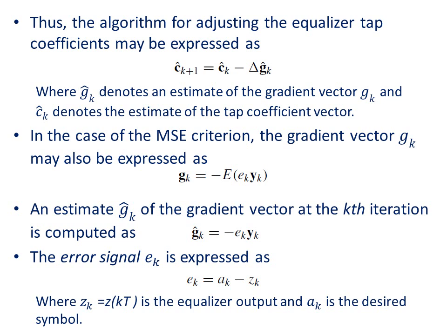So now the error signal E_k is expressed as E_k is equal to A_k minus Z_k, where Z_k, that is Z of kT, is the equalizer output and A_k is the desired symbol.